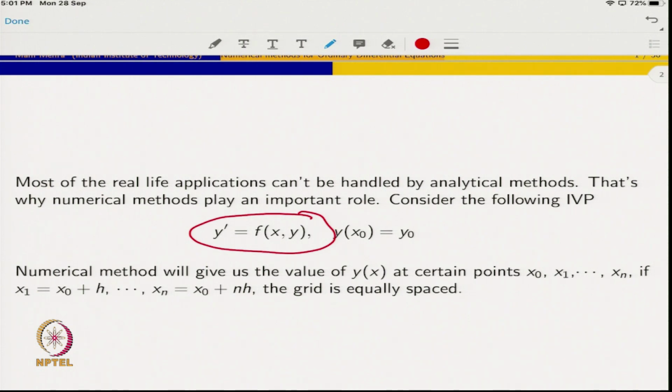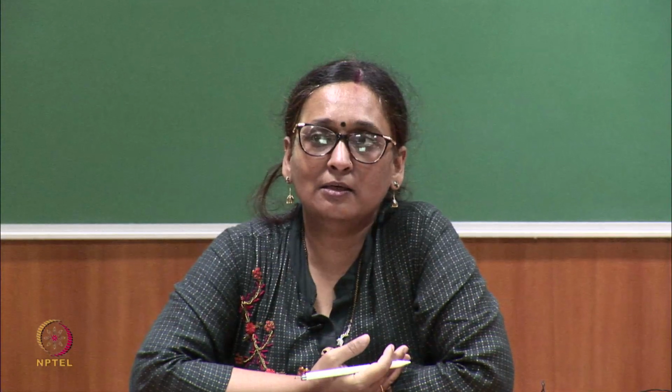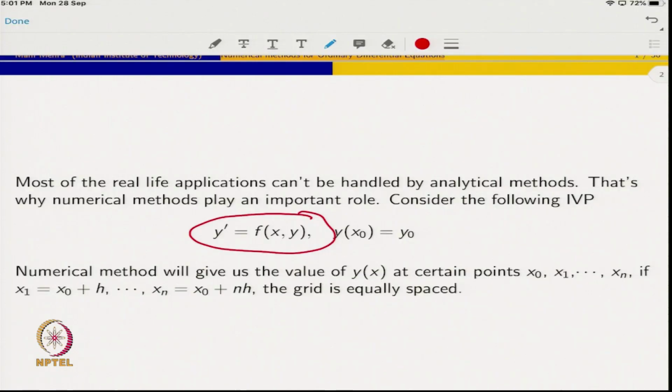First of all, we should understand why differential equations are useful. In fact, I do not need to explain much about it, because we already know the applications of differential equations. There are many physical quantities in real world applications which we want to trace. With the help of this differential equation, we are looking at the behavior of y with respect to x. In a real world problem, y is some physical quantity and x is another physical quantity.